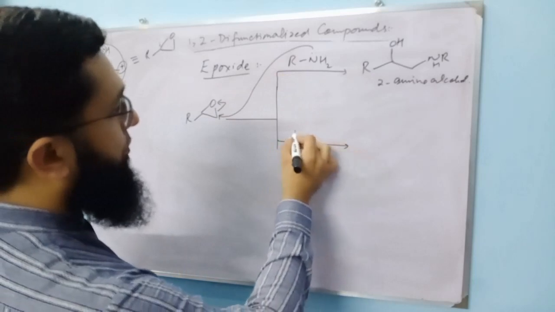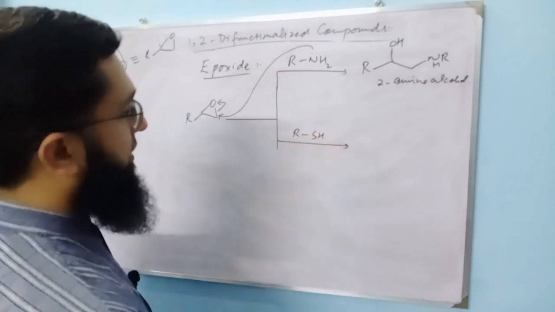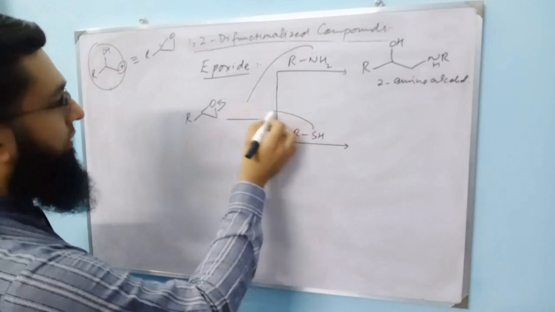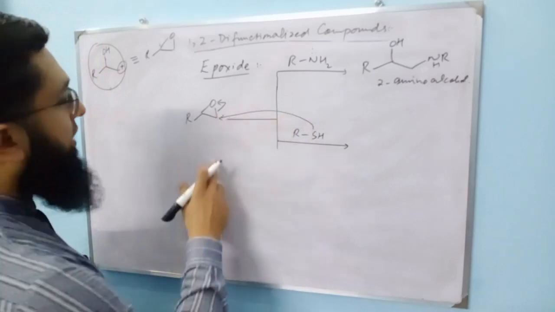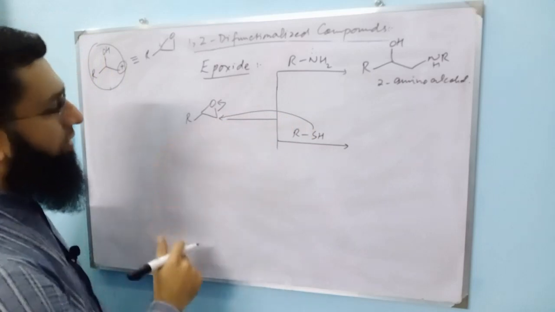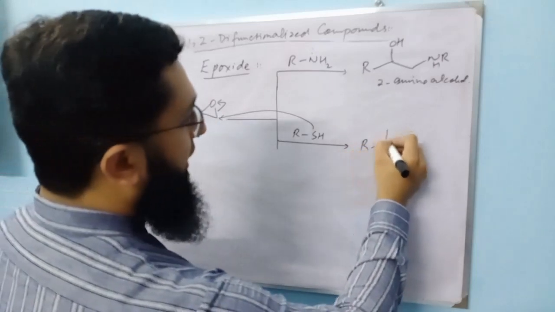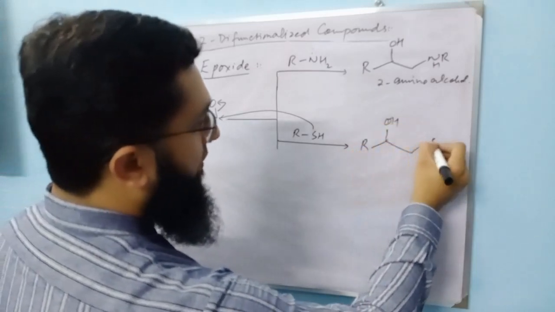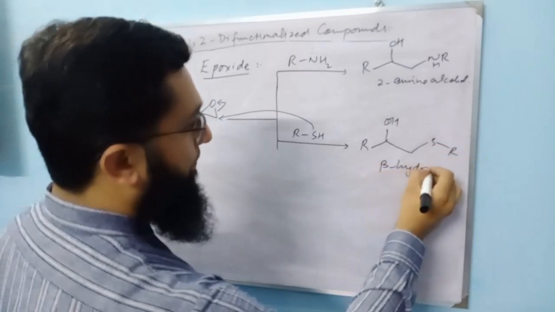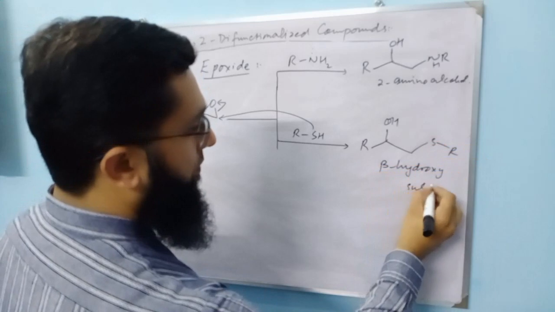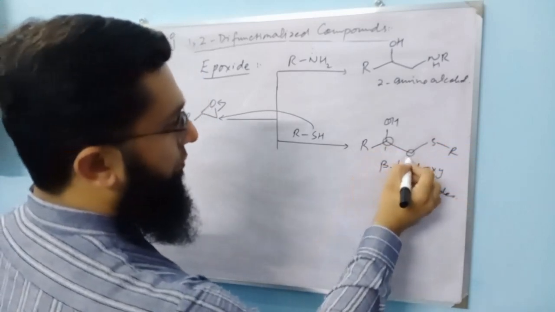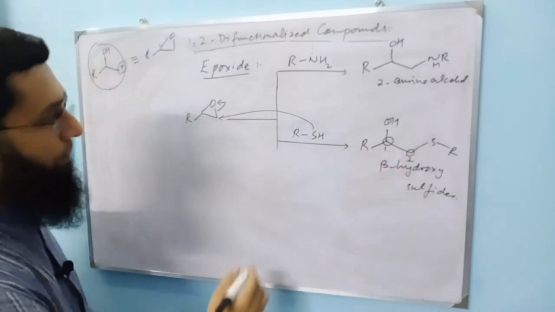We can also use thioalcohols, and they would also react in the same manner. In general, the ring opening reaction occurs by the attack of nucleophile at less hindered carbon, and as a result of the reaction we get beta hydroxysulfides. So if you call it 1, this would be 2, so 1,2-difunctionalized molecule.